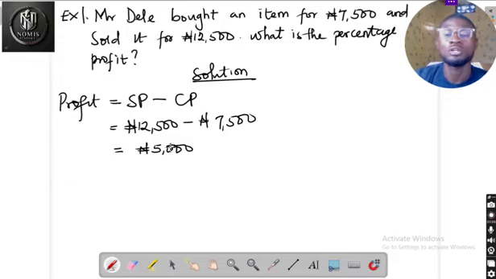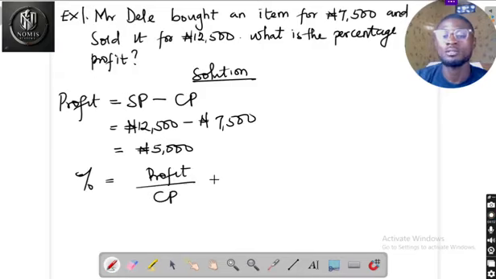So we need to calculate profit percentage. So what is the percentage of this profit? The profit percentage is equal to profit all over cost price multiplied by 100. So let's put in the values of the parameters of the formula.